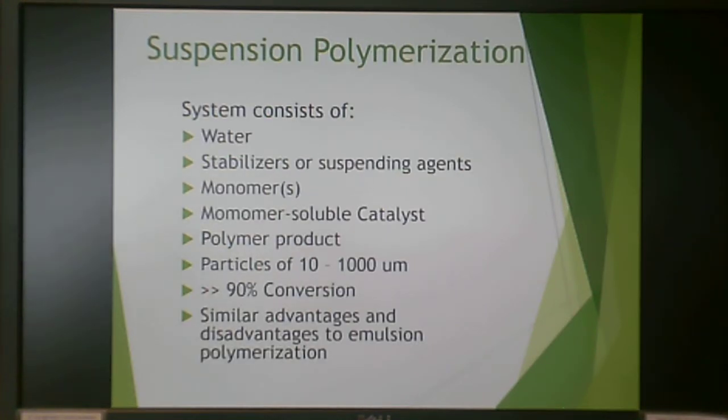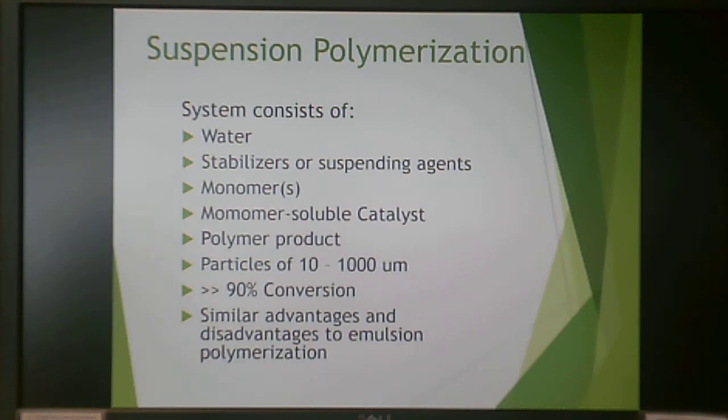Suspension polymerization is related to emulsion polymerization, with the same sort of materials. You have water, a stabilizer or suspending agent, monomer or monomers, a monomer-soluble catalyst, and your polymer product. The difference between emulsion and suspension is not a lot in terms of advantages or disadvantages, but the particle size of the product in suspension is larger, 10 to 1,000 microns, where it's a lot smaller in emulsion.